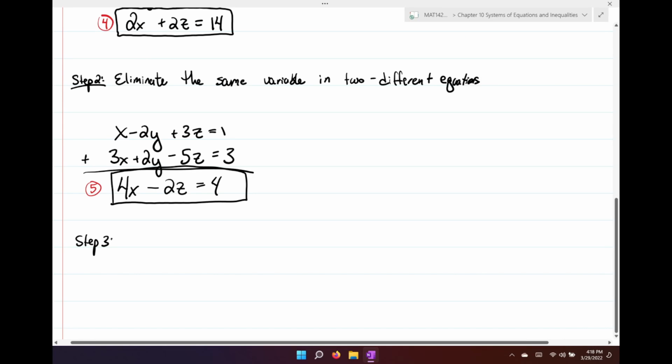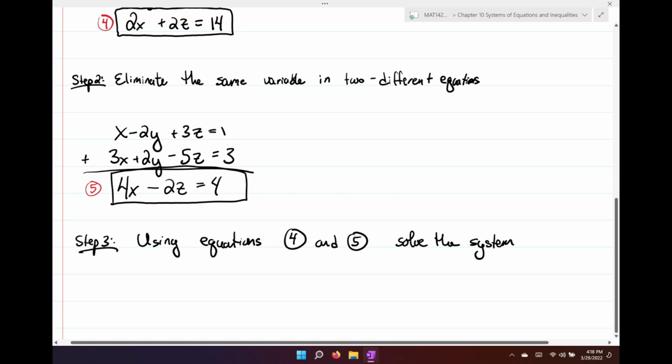Now, step 3. If you look on the board, it should kind of jump out at you, which is using equations 4 and 5, solve the system.